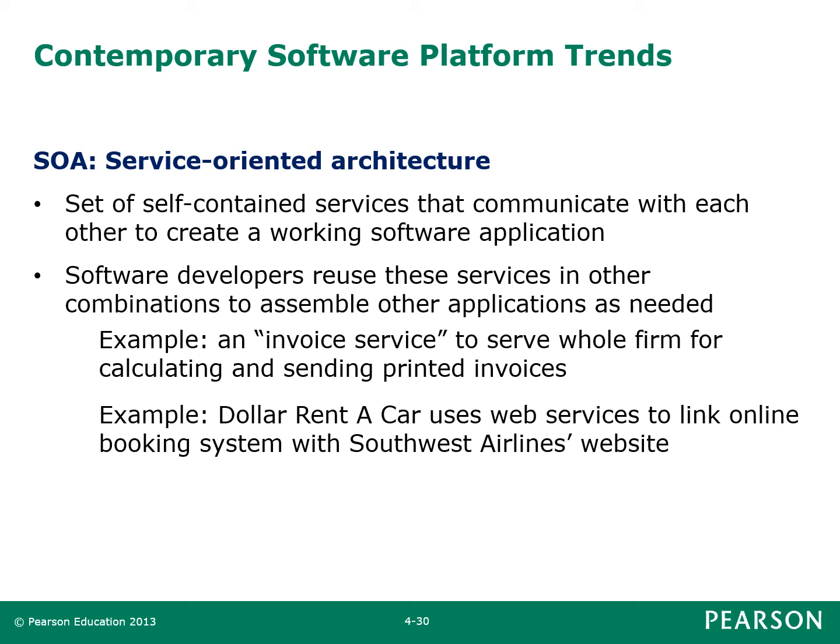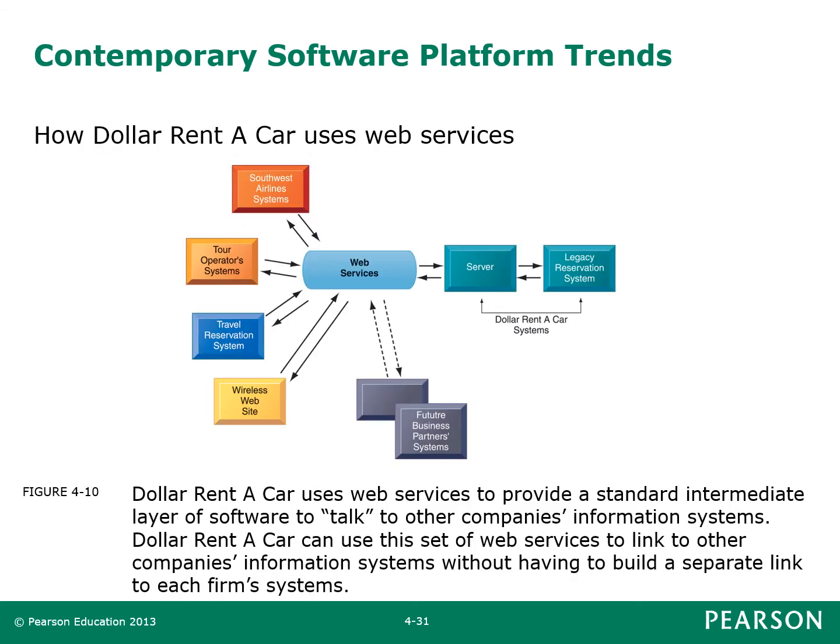When you book this ticket, the booking runs over the information systems of the related airlines, and the bookings are combined together as a service-oriented architecture function or application. That is an example of $rent a car, as you can see here.